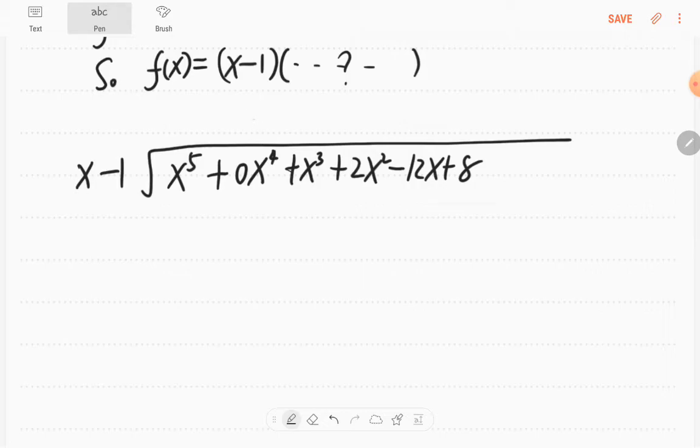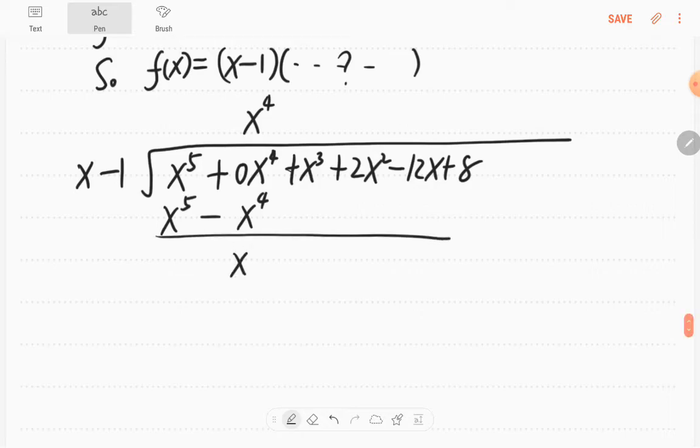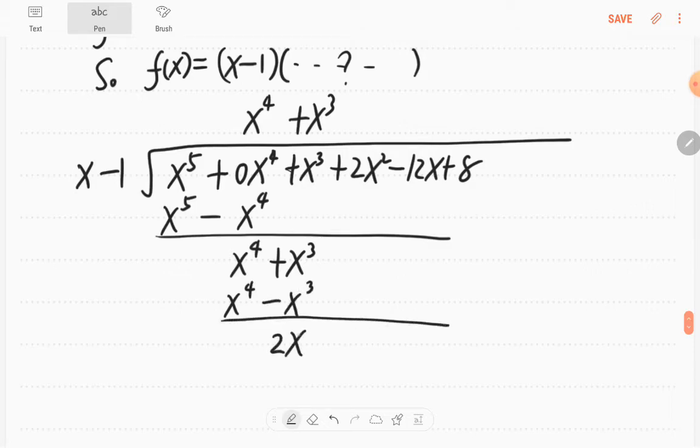So we have x to the 4th. x to the 5th minus x to the 4th. So this is x to the 4th plus x cubed. So we plus x cubed. So this is x to the 4th minus x cubed. So this is 2x cubed plus 2x squared. So it would be plus 2x squared.